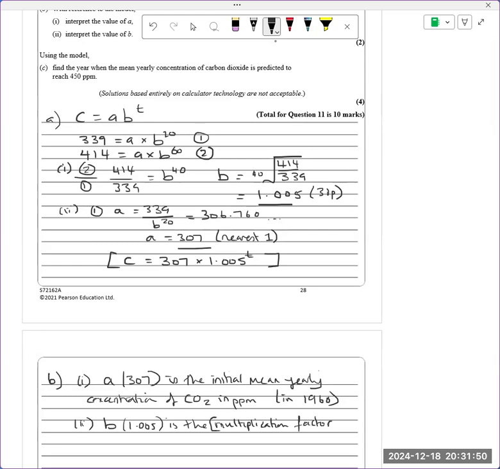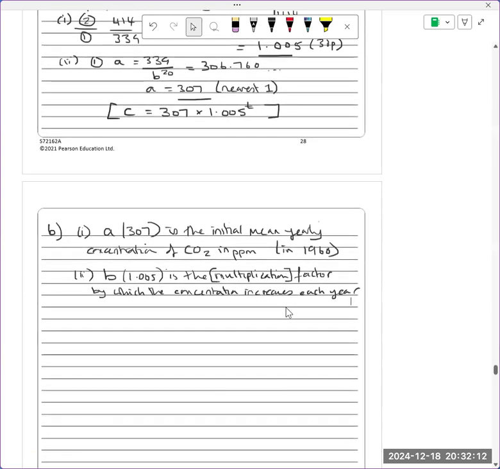The mark scheme just said factor by which the concentration increases each year. I would have allowed the word proportion. It's the proportion by which the concentration increases in each year. The mark scheme only gave this answer of factor. It's the factor by which the concentration increases each year.